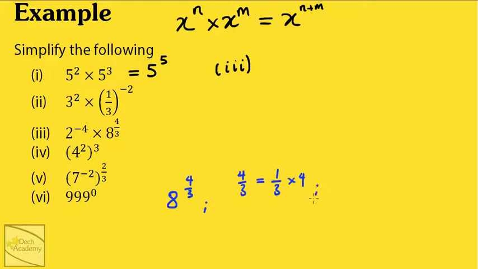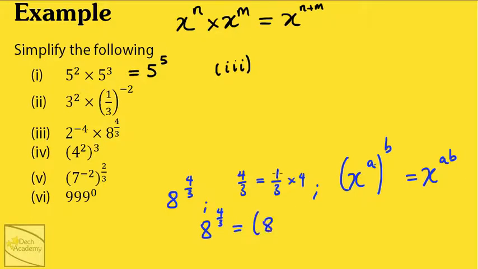And I'll show you a rule. x raised to the power of a, all raised to the power of b, is x raised to the power of a times b. So where am I going? Well, I have 8 raised to the power of 4 over 3, right? So I'm going to say, well, that's 8 raised to the power of 1 over 3 all raised to the power of 4.